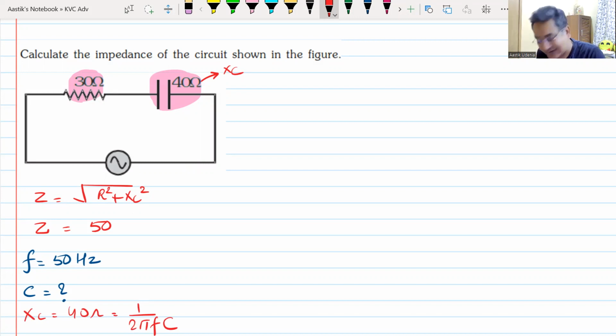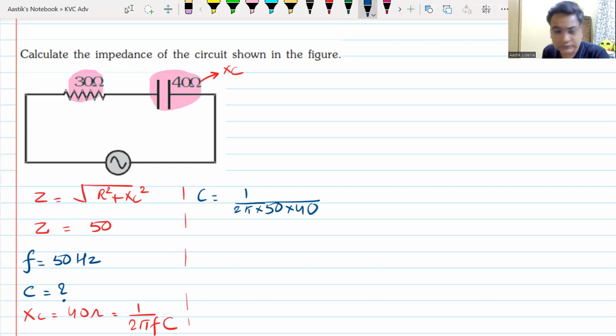So your capacitance will be equal to 1 by 2 pi into 50 into 40. Do we understand this? Everyone gets this? Yes or no?